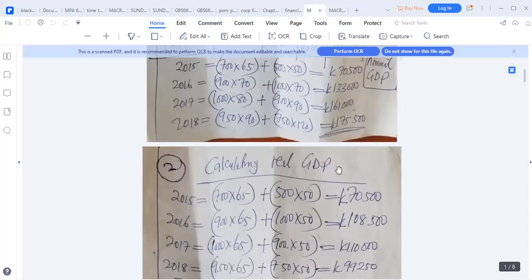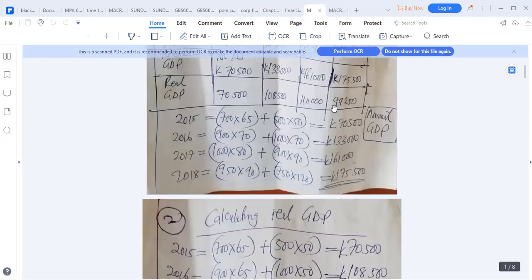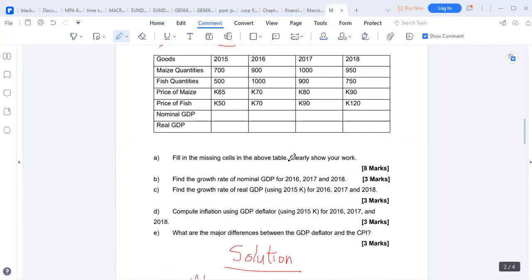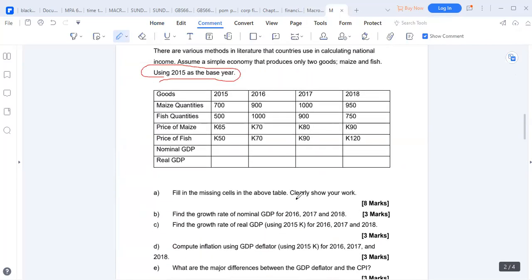Now, calculating the real GDP, we use the base year. You know the prices of the base year, the same concept, but we use the prices of the base year. So here, find the growth rate of nominal GDP for 2016 through to that one of the nominal GDP.